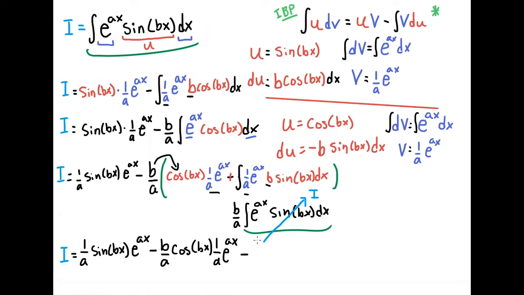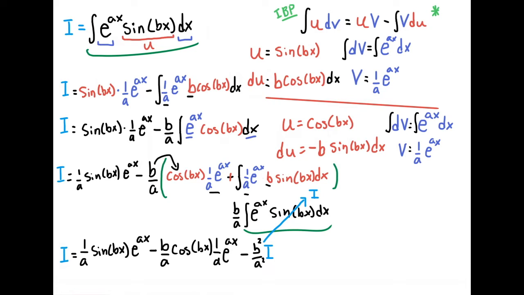So what we have is b over a times I. So negative b over a times positive b over a is going to be b squared over a squared I. Okay. Now this is going to set us up really nicely for finally solving this problem.